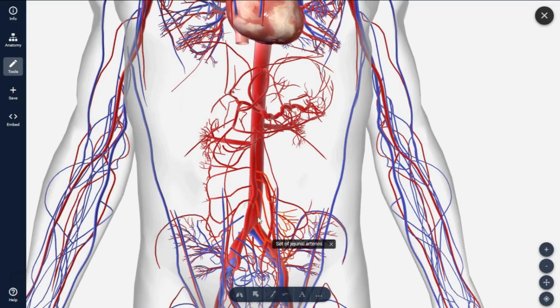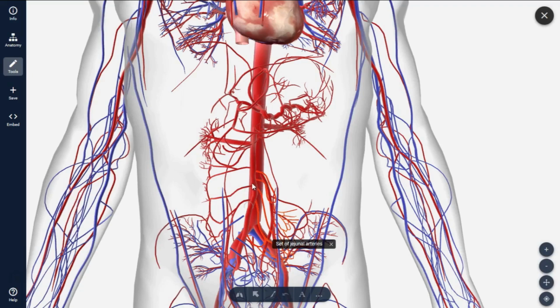You can make out many small branches arising from the convex side. We will call those jejunal and ileal branches. These are the jejunal and ileal branches of superior mesenteric artery which are arising from the left margin, which will be 12 to 15 in number.